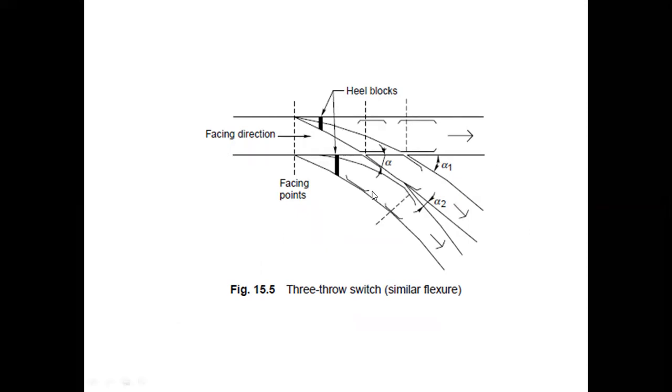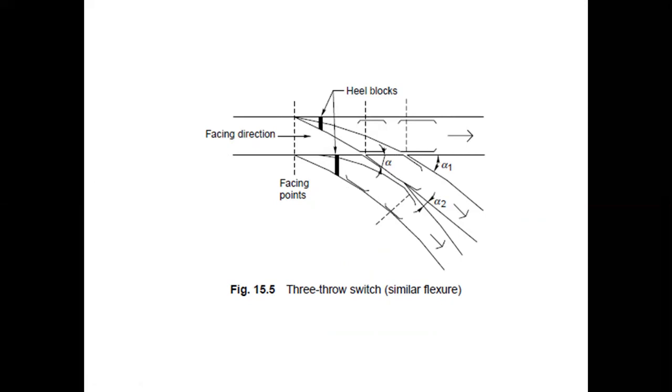In this direction of the moving of the locomotive, these are the heel blocks provided for the similar flexure movement of this locomotive, and a heel block here in this direction. There are two turnouts provided to its right direction.